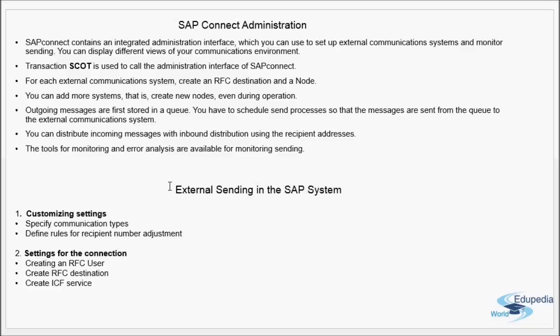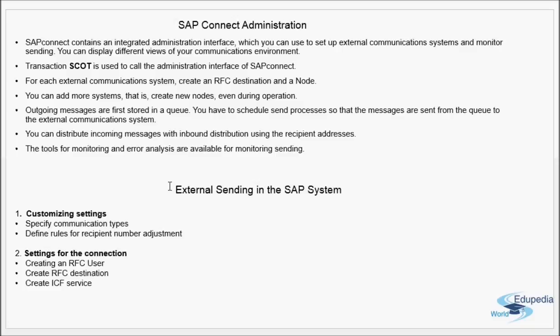Outgoing messages are first stored in the queue. You have to schedule a send process so that the messages are sent from the queue to the external communications system. So all the messages are first collected in a queue and you have to schedule a send process. As I have said, we'll learn about the send process in the next video.